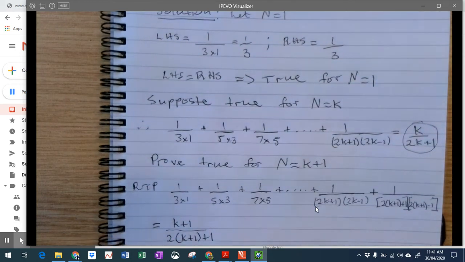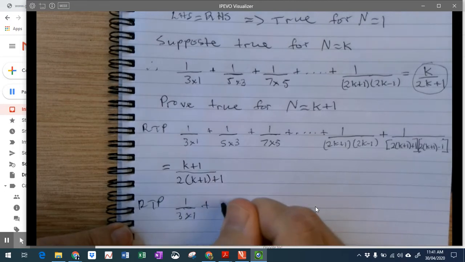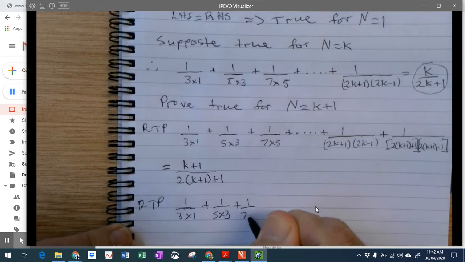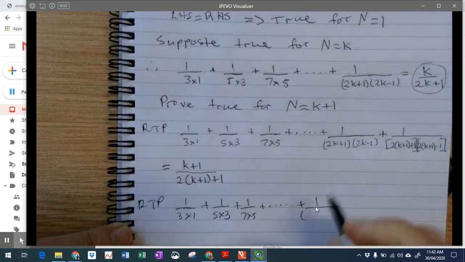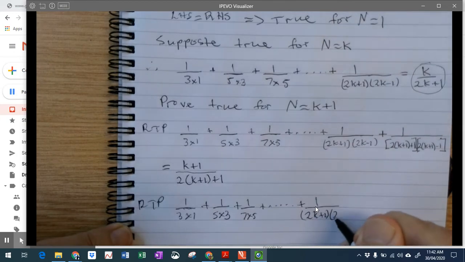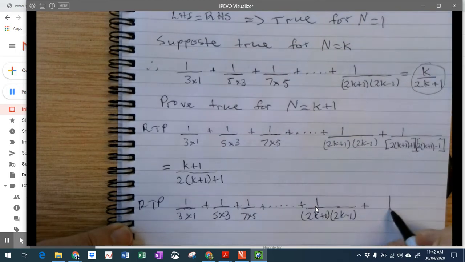So, in other words, required to prove that 1 over 3 times 1 plus 1 over 5 times 3 plus 1 over 7 times 5 plus dot, dot, dot, plus 1 over 2k plus 1, 2k minus 1 plus, now we're just going to tidy up that last term there.